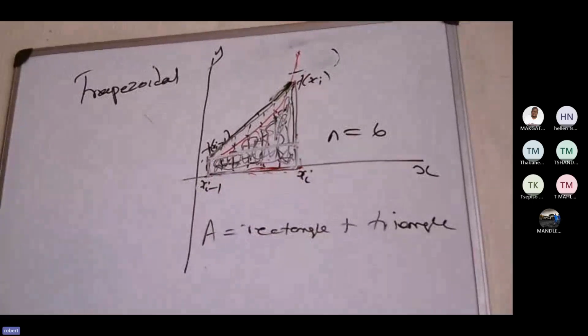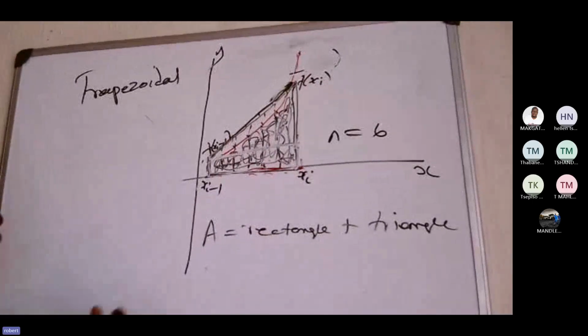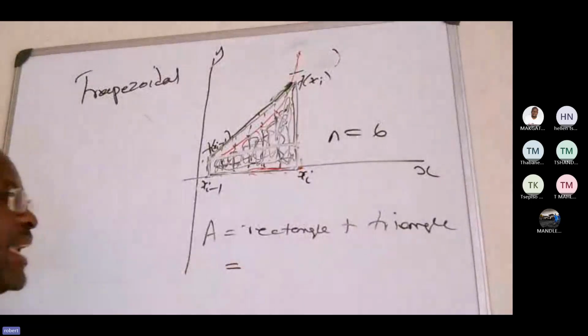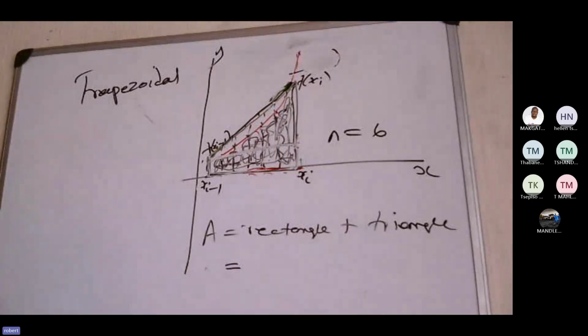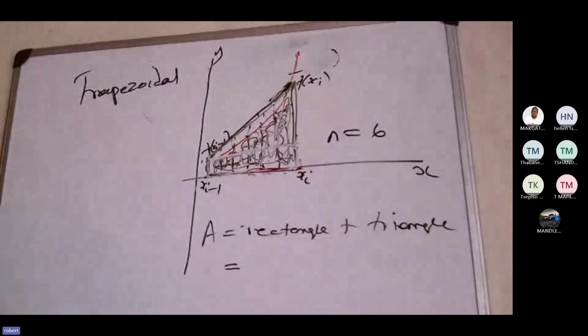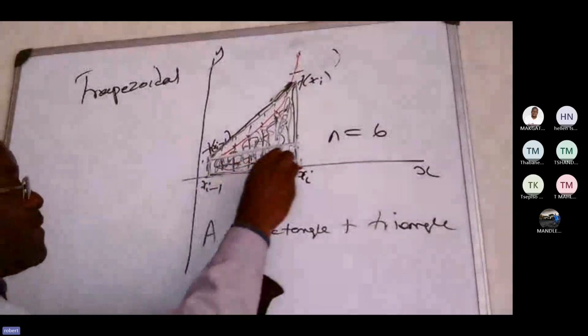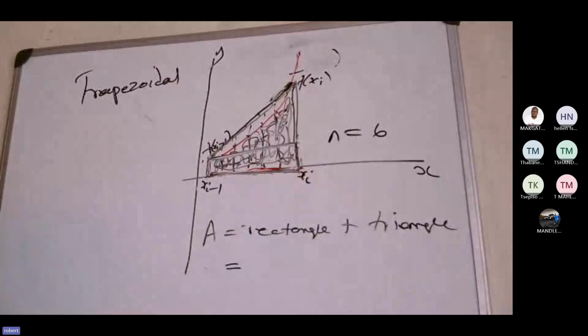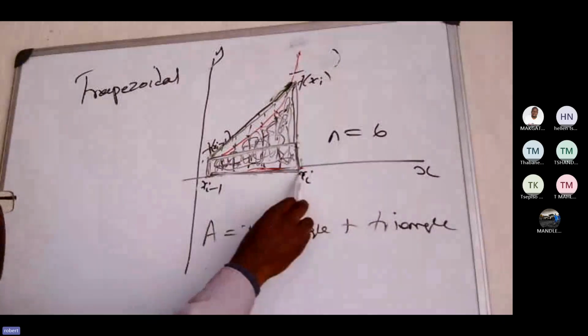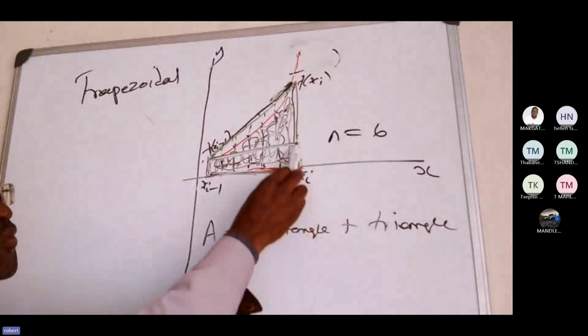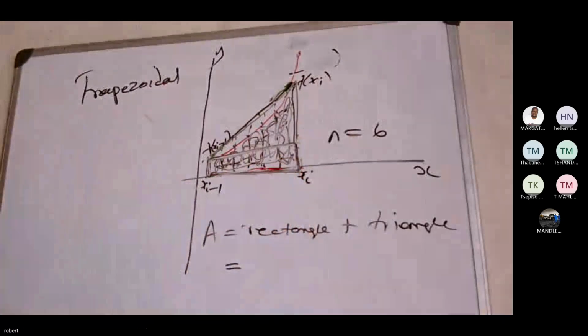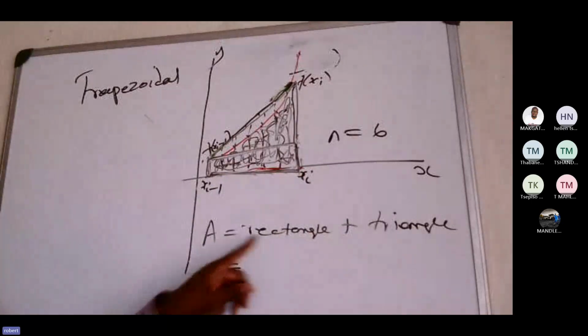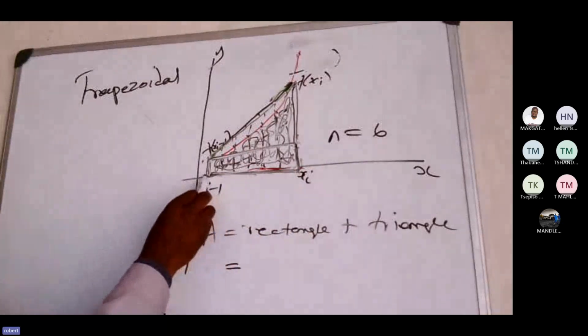Hopefully that makes sense. Then if you look at the area of the rectangle, we can calculate it. There is a formula for that because it's a rectangle. What will be the area of this rectangle? It will simply be from here to here, multiplied by from here to here. And what is from here to here?